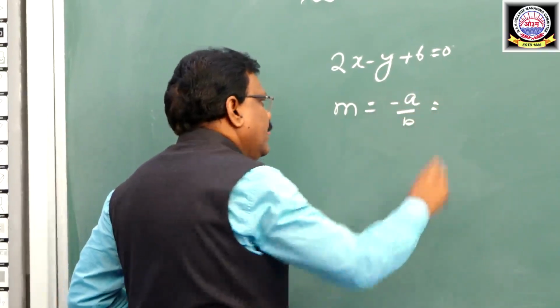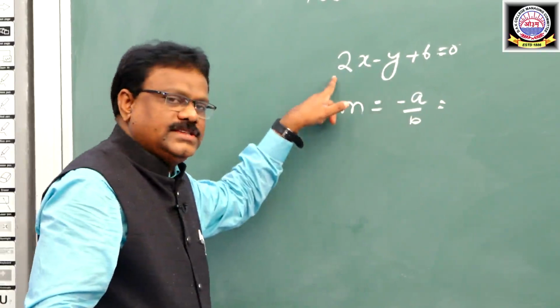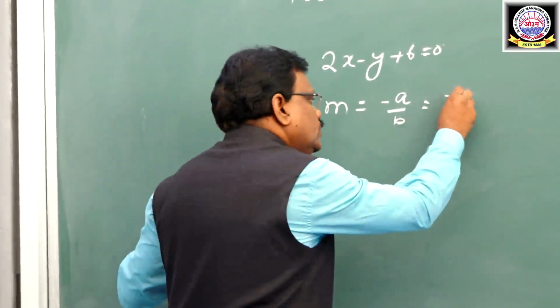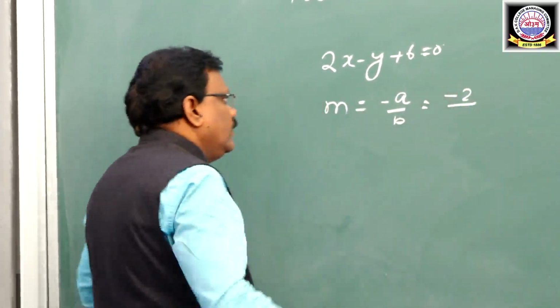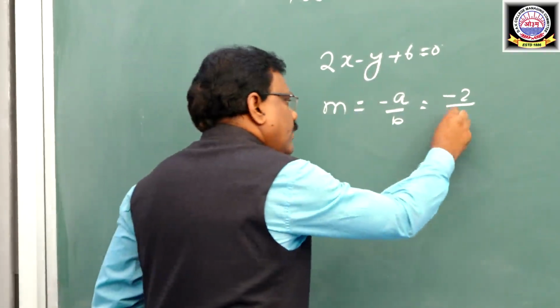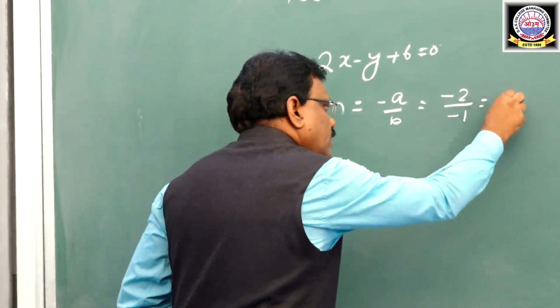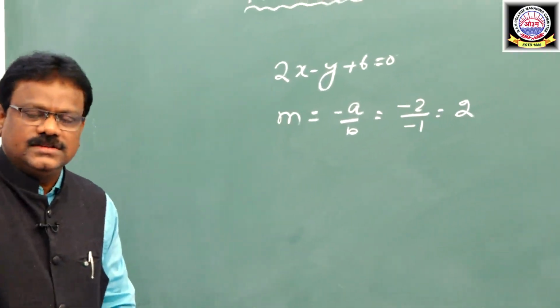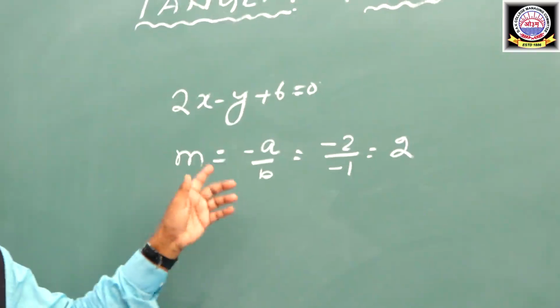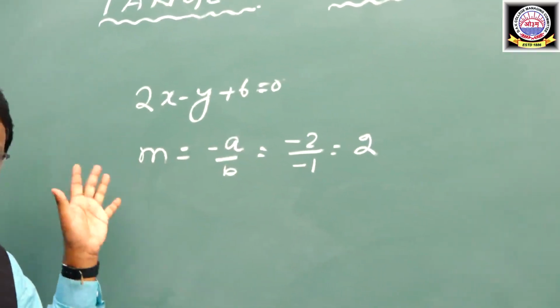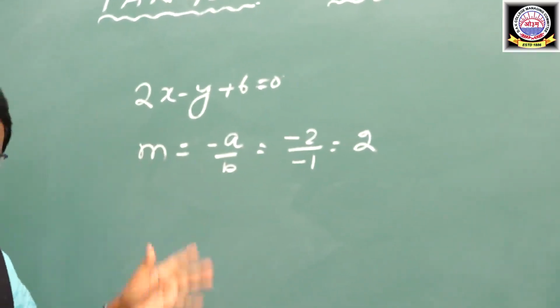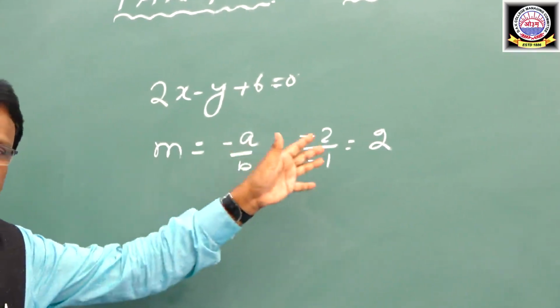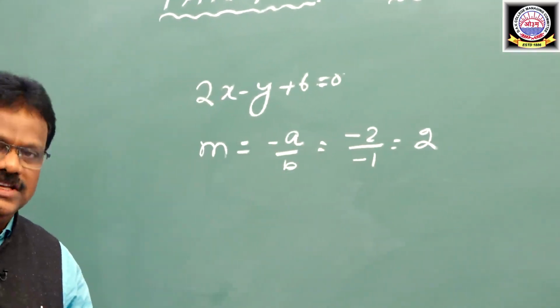Here a is the coefficient of x, that is 2, and b is the coefficient of y, that is minus 1, so the slope of the tangent, or the slope of the line, is coming as 2. So let us verify that this slope is equal to 2 by using the derivative.